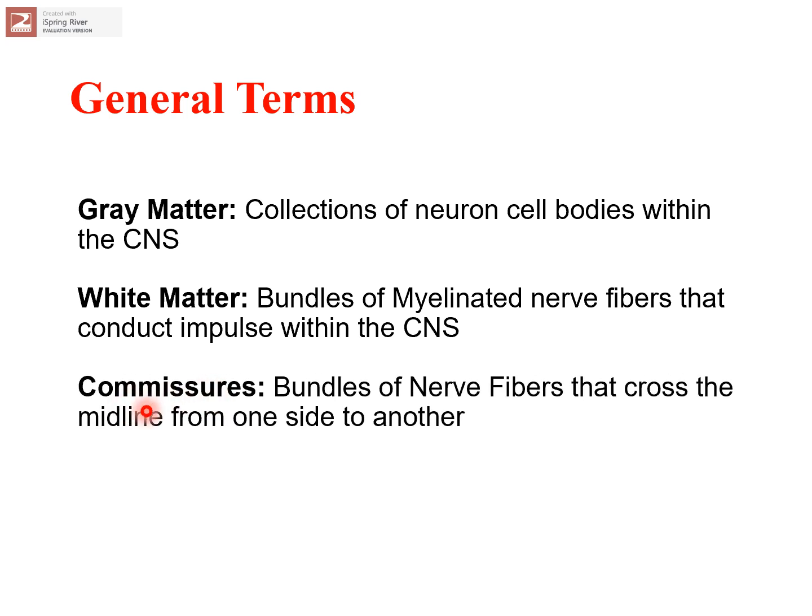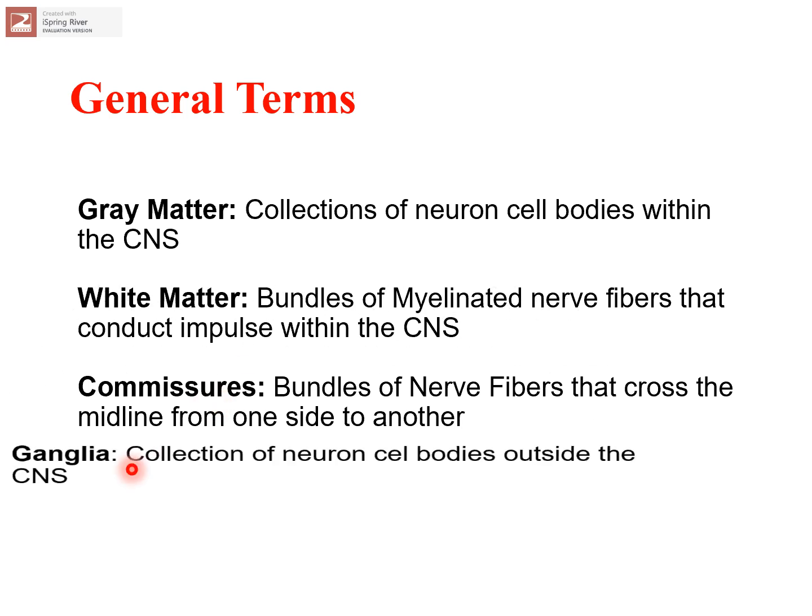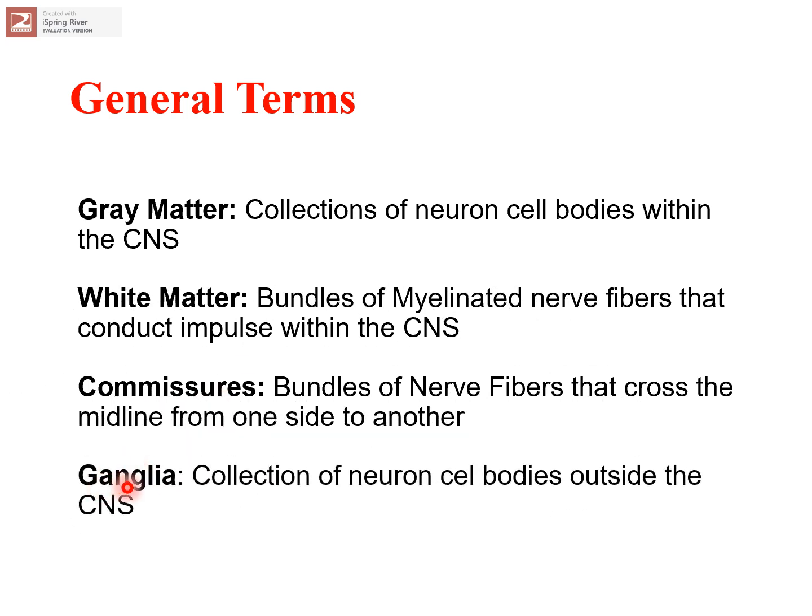And then we have commissures. Commissures are bundles of nerve fibers that cross from one side to another. If they cross from one half of the spinal cord to the other half, they'll be called a commissure. And then we'll see ganglia.